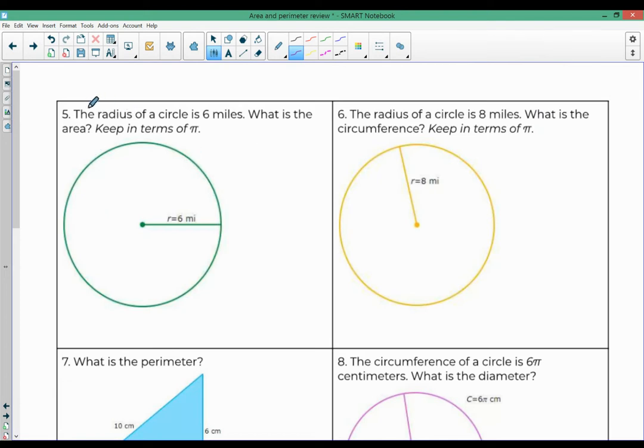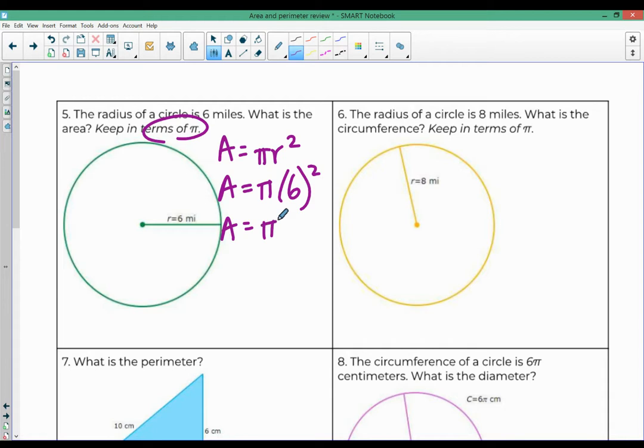Okay, the radius of a circle is 6 miles, which they tell us here. What is the area? So rather than flipping back and forth, I'll just write the formula there. Area equals pi times r squared. Again, we're keeping in terms of pi, so we want pi in our answer. So A equals pi times the radius, which is 6 squared.